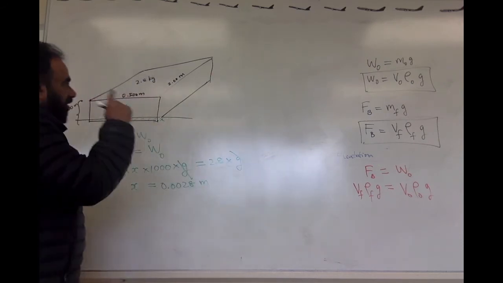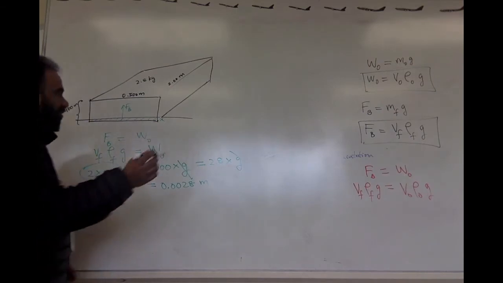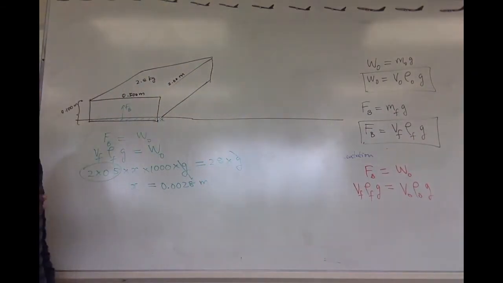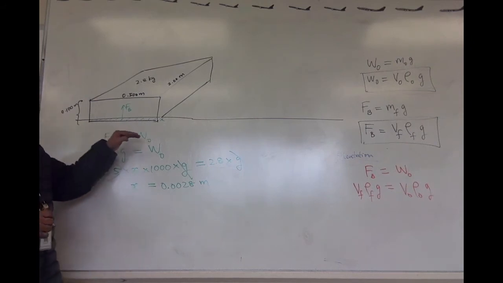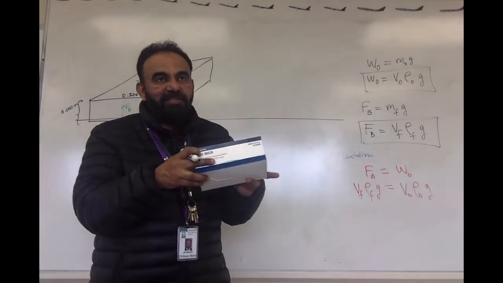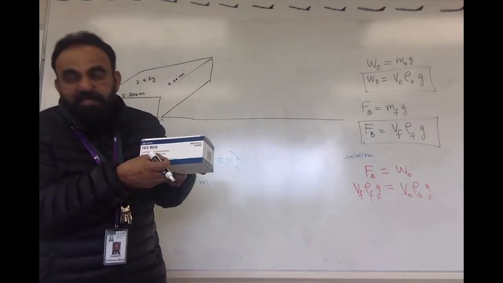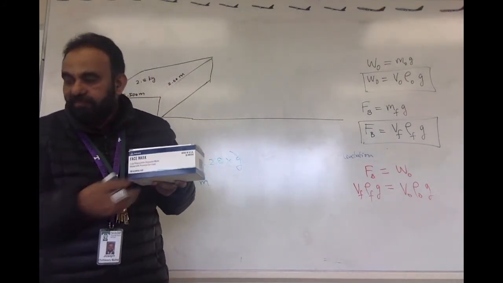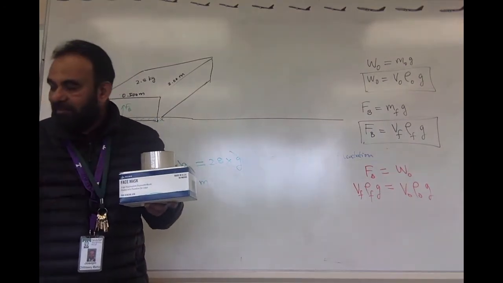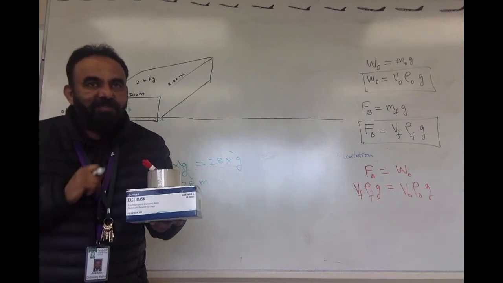But let's try the real way of doing it. This is water. What's going on is we are putting some weights on top. So this is the air mattress. This much is inside water, right? When I put some weight on it, it goes down a bit. When I put some more weight on it, it goes down further.